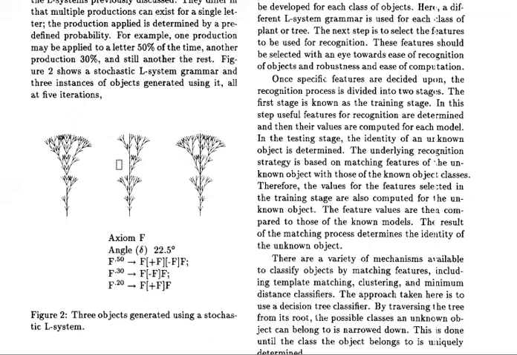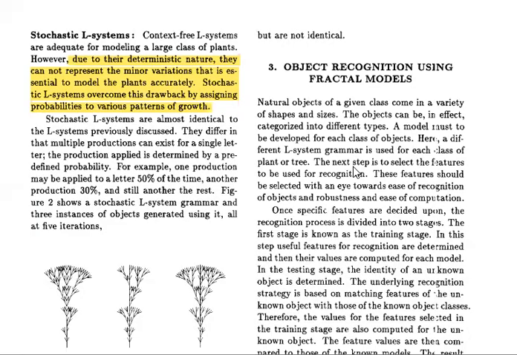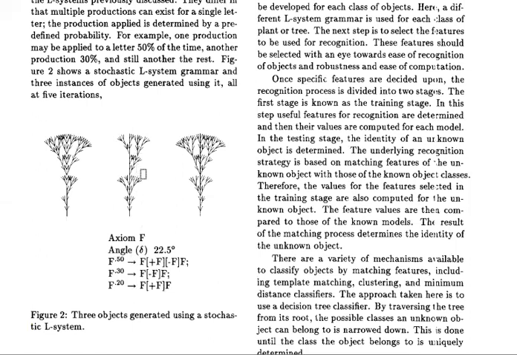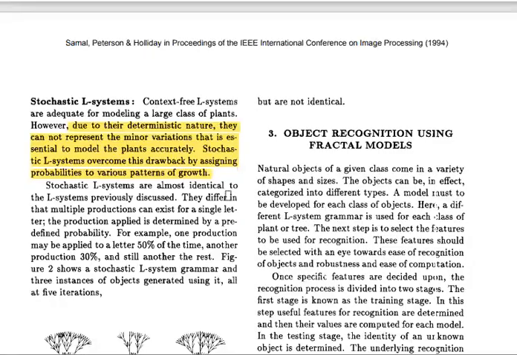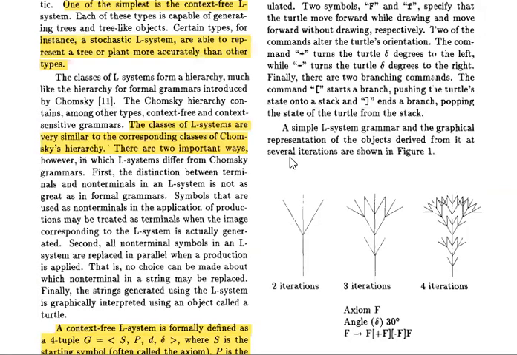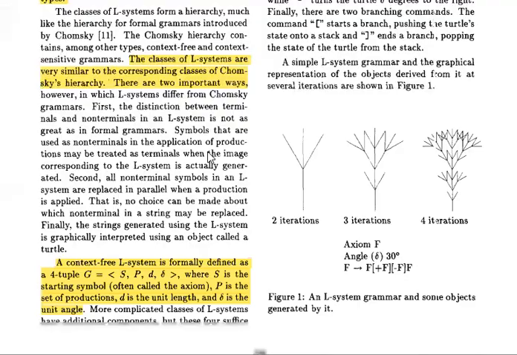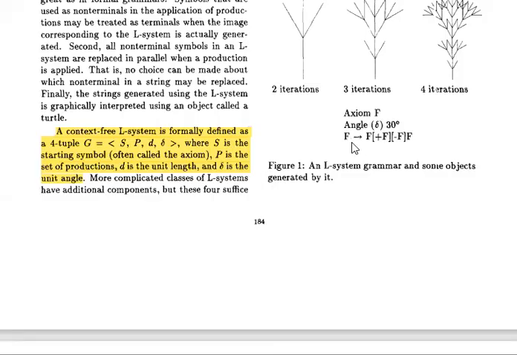That's why we include the probability part when we apply these rules, to get these kinds of different plants. So here we have this branch, but we don't have this branch here. So these are more natural objects. If you want to generate more natural objects, you have to include the stochastic or probability bit as well.